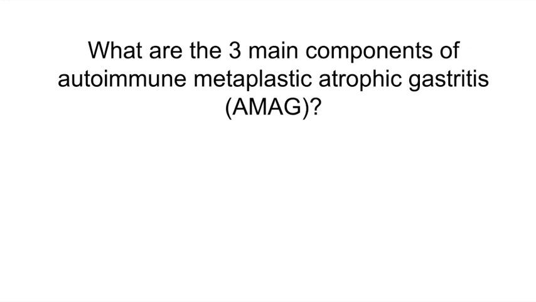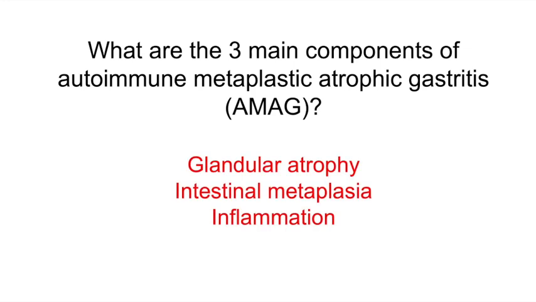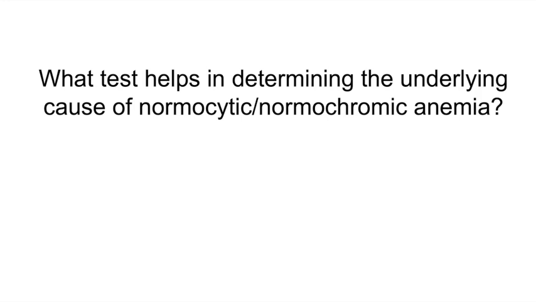Glandular atrophy, intestinal metaplasia, inflammation. So, pernicious anemia is associated with this condition, and the glandular atrophy is mainly seen or affected in the gastric body and fundus.